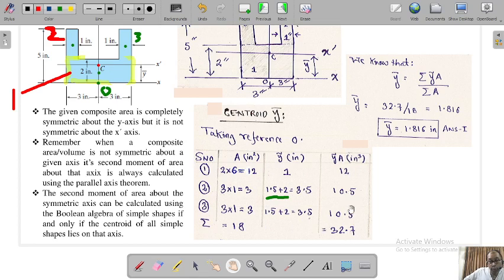You add all the y tildes to get 32.7, and then you divide by the summation of all the areas, and you will get this answer. Y bar of the entire two-dimensional shaded area is 1.816, and this is what he has given to you.